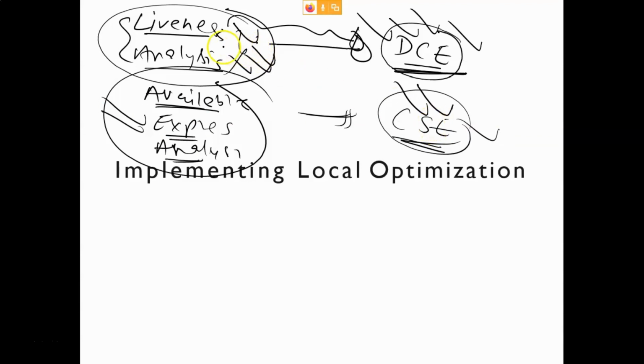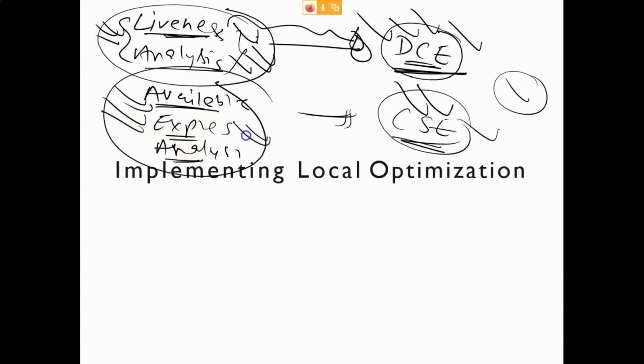Remember, these analyses are actually more general than these techniques. For example, this liveness analysis can be used in many other areas also. Maybe you have some other code optimization technique, and there also you can use this analysis. Similarly, you can make use of available expression analysis elsewhere.